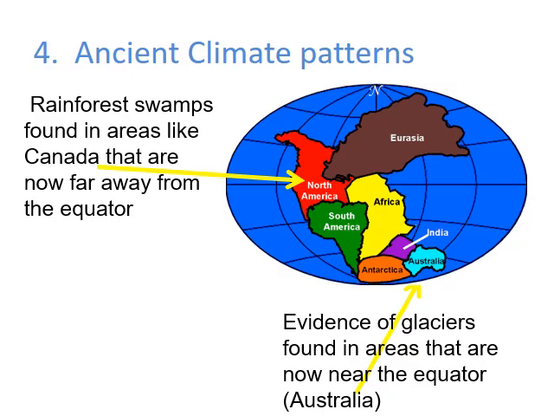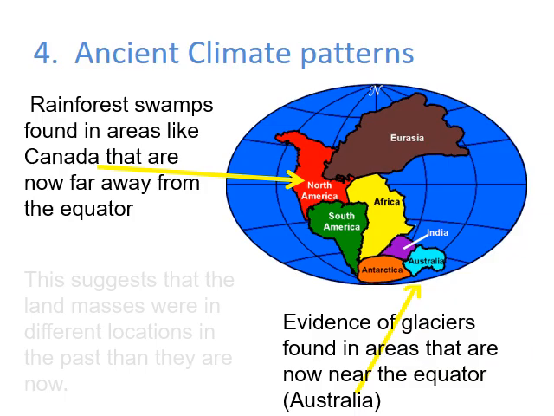Now we know Australia is too far away from the South Pole now, but that means at one time it was more south than it is today, because we know Australia can't have glaciers. So we've got these four pieces of evidence: the jigsaw puzzle pieces, similar fossils, ancient climate patterns, and similar rock patterns across the ocean.